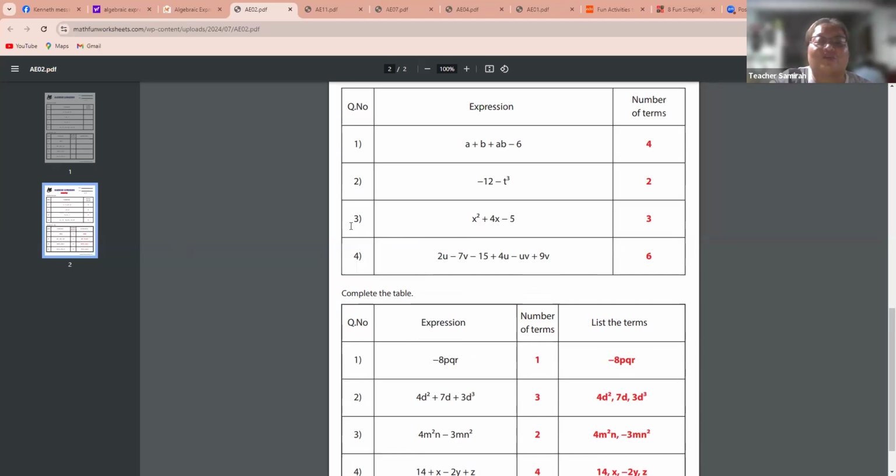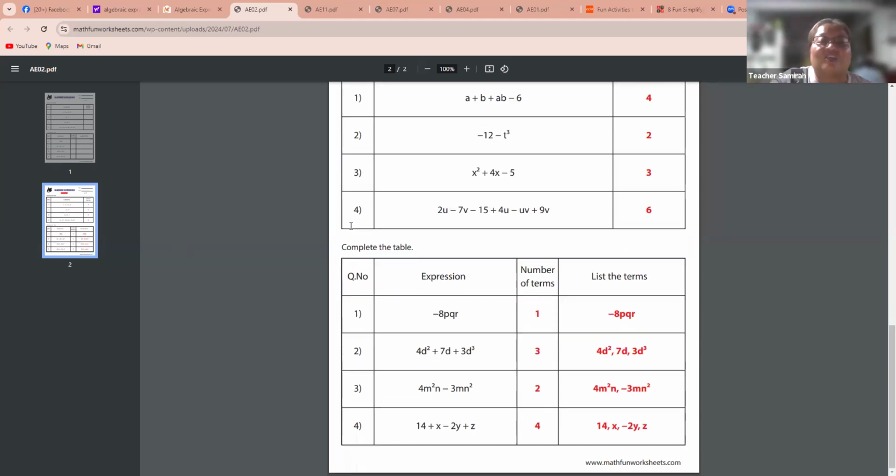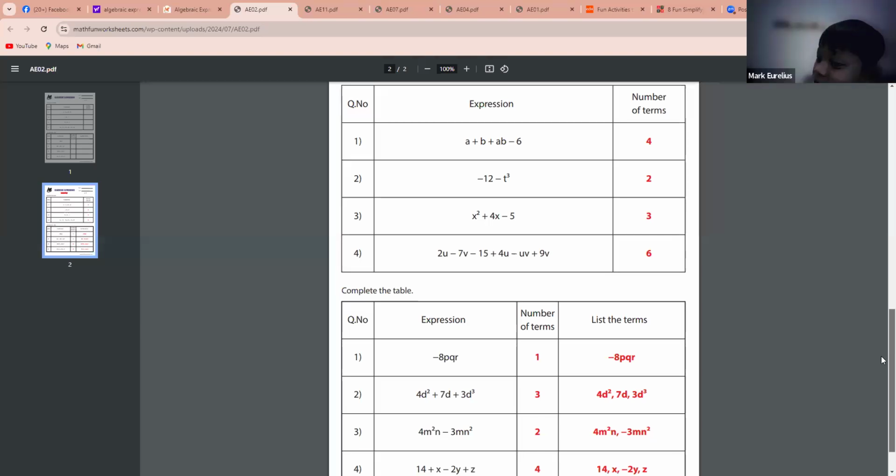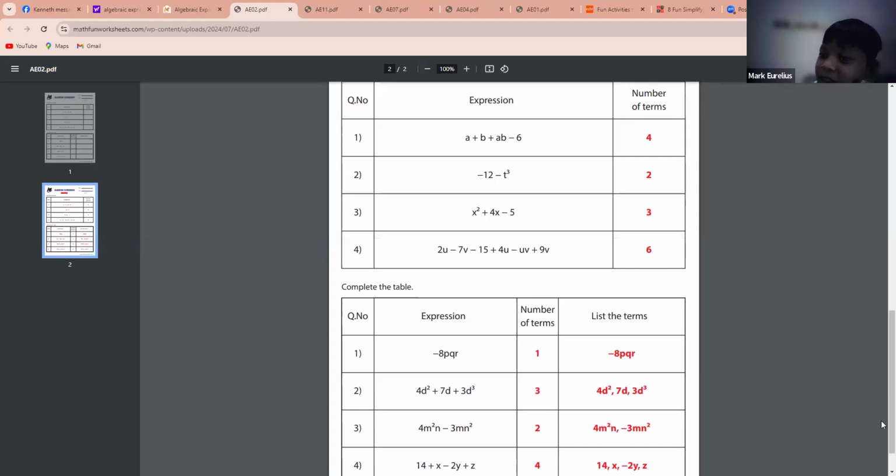I kept on asking you, but you do not share your answers. You're not confident enough. Is it true, Tristan, that you just wanted to see the answers right away? No? Okay. So what made you think that it is quite difficult? When you look at it earlier, I actually gave you an example, in number 1 question.